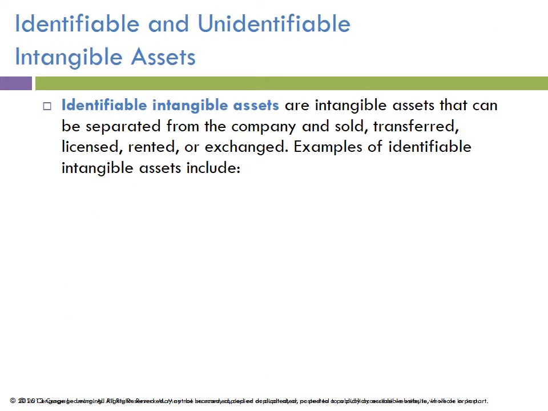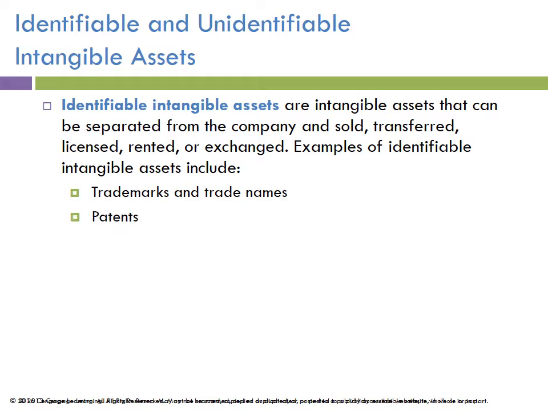So, identifiable intangible assets are intangible assets that can be separated from the company and sold, transferred, licensed, rented, or exchanged. Some examples of these are trademarks and trade names, because you have a legal contract with them. You get a trademark from the federal government, I believe.